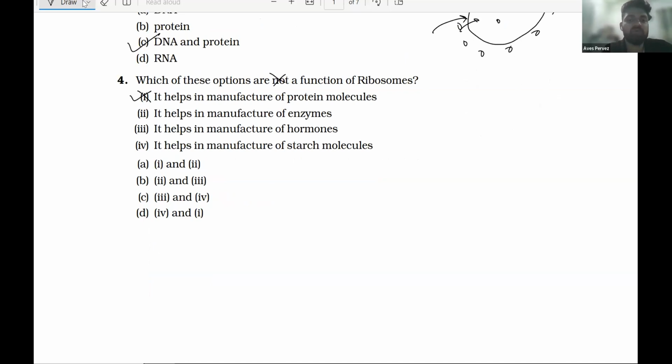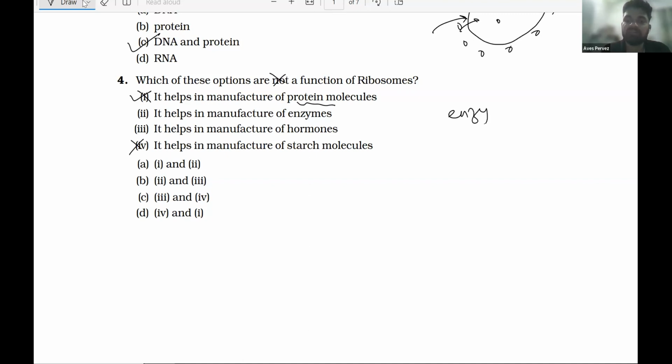See, ribosomes do not manufacture hormones. Hormones may be made up of steroids. And it does not help in manufacturing starch molecules.